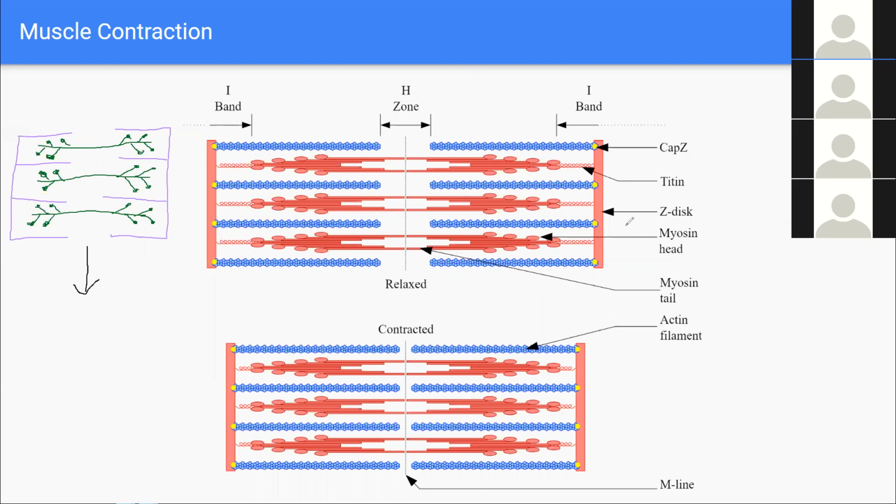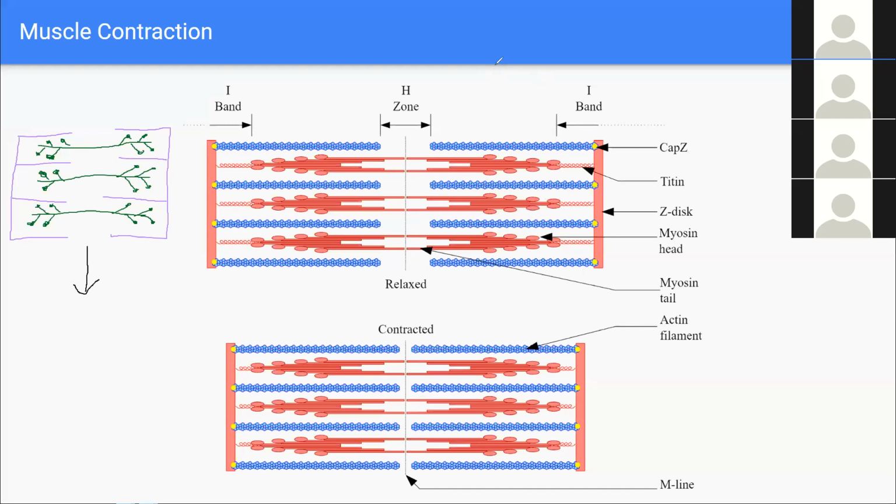So what's going to happen is these myosin heads are going to come and attach to the actin filaments, okay? Once that happens, they then can pull these filaments together, okay? So these myosin are actively pulling the actin filaments together.